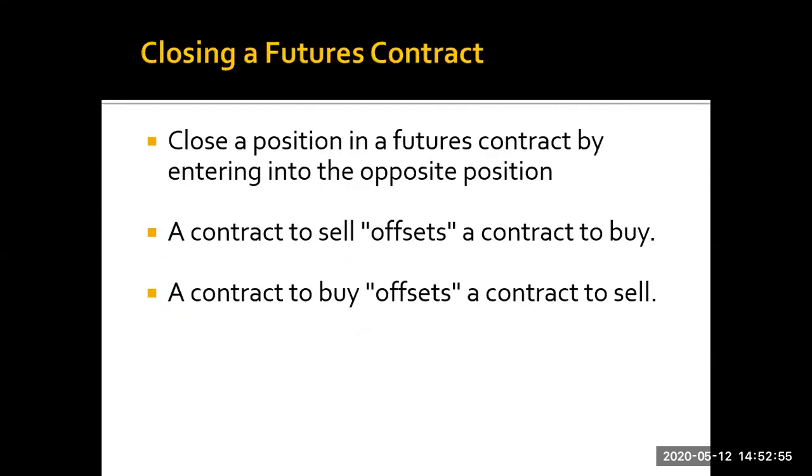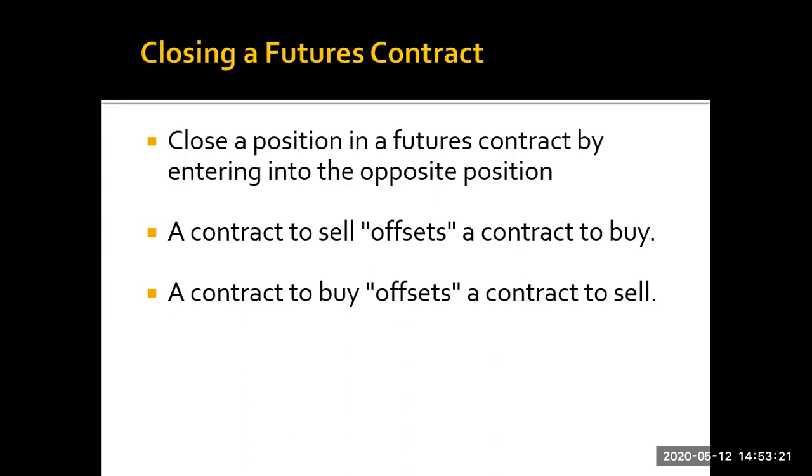Now, closing a futures contract. A futures contract is a real contract. So if you purchase a futures contract to buy oil 1 year from now for $10, 1 year from now you are going to have to take a barrel of oil, and the other person who sold the contract is going to get $10.